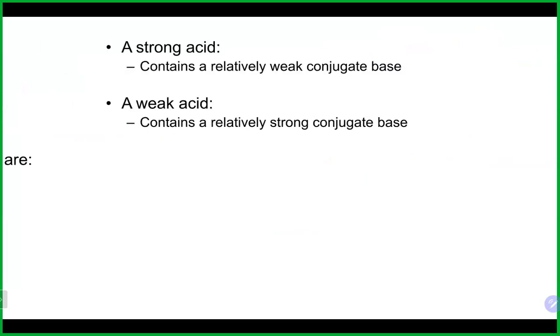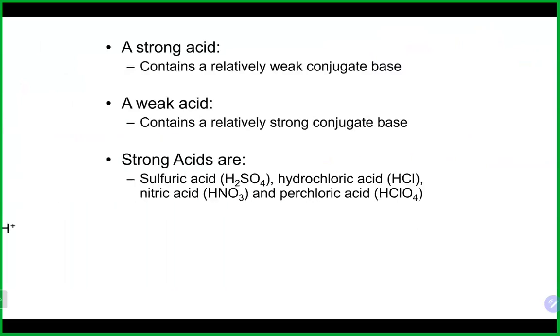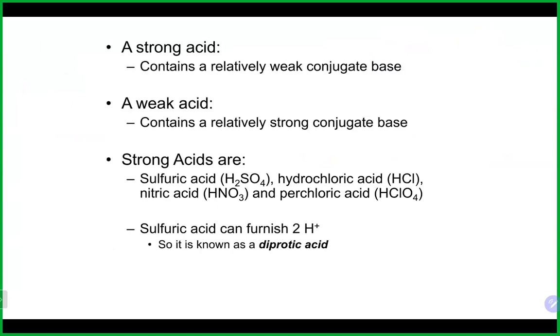Now, the relationship between acid bases and their conjugate partners is really an opposite relationship. So what I mean by that is, for example, if you have a strong acid or a strong base, their partners on the other side of the arrow, which is conjugate base and its conjugate acid, will be relatively weak.